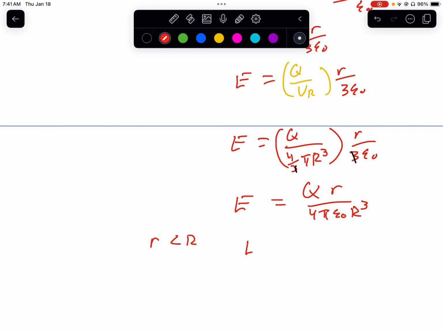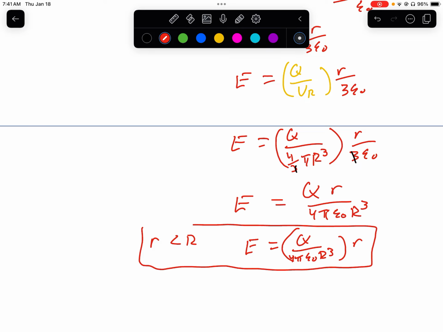So Q over 4 pi epsilon naught R cubed is just some constant for whatever the sphere is, times r. The electric field varies linearly as a function of the radius from the center out to the surface. That's going to be important to us.